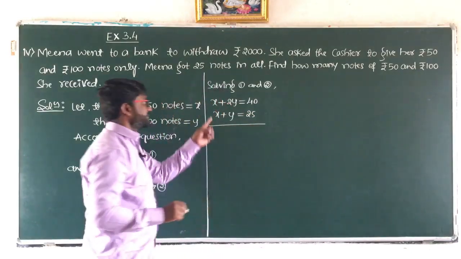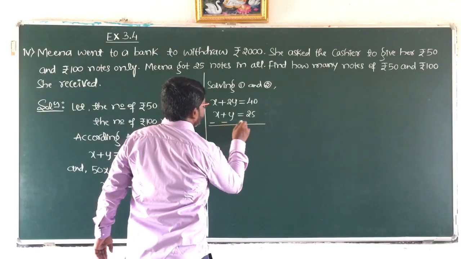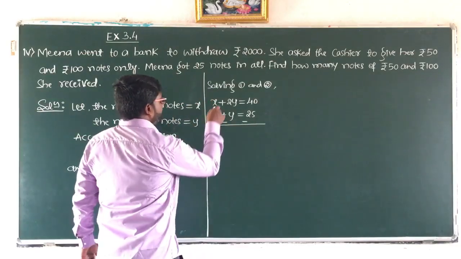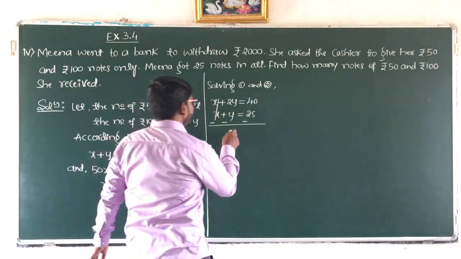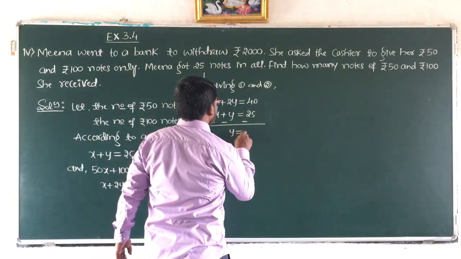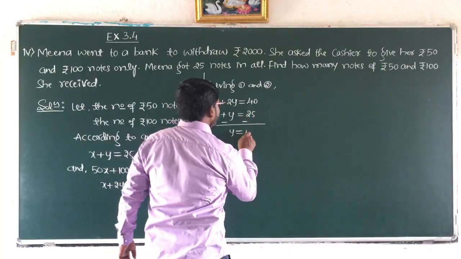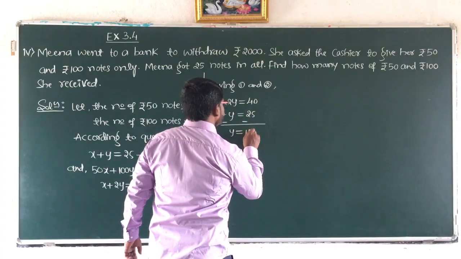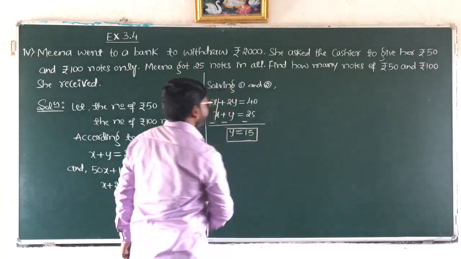So here x is already equal. So just change the signs now, minus x minus y. So here also minus, plus x minus x gets cancelled, then 2y minus y will be y, which is equal to 40 minus 25, which will be 15. So we have got the value of y.